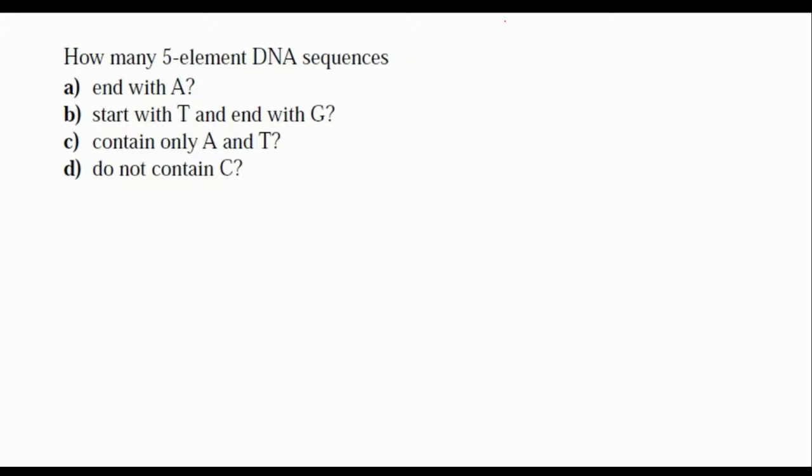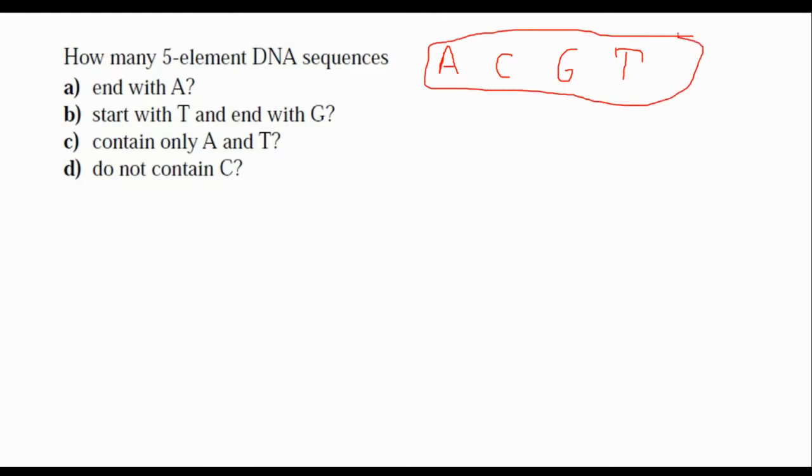Like, for example, in DNA, we are dealing with 4 different nucleotides. In computer science, we just call them letters, like A, C, G, and T. So there are only 4 possibilities for each nucleotide in our DNA sequence.